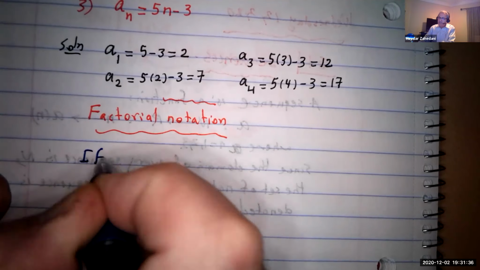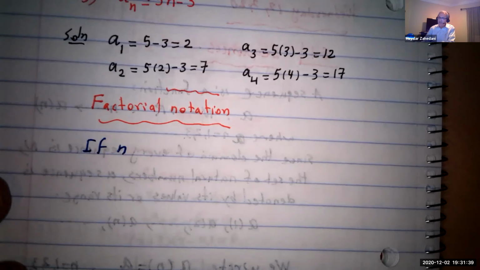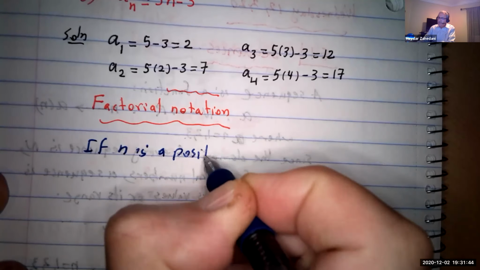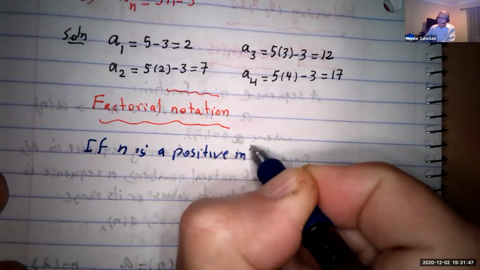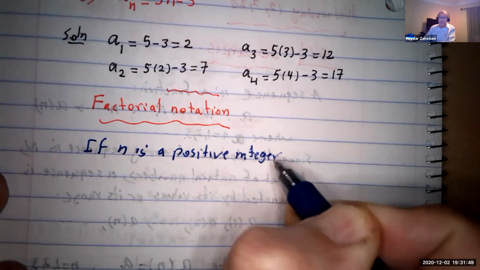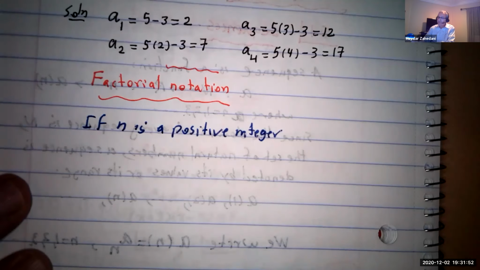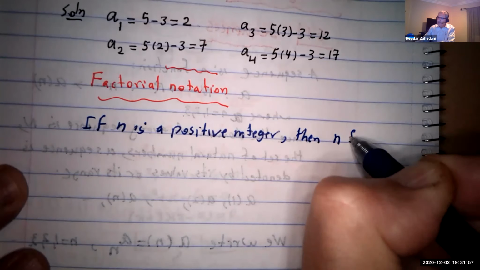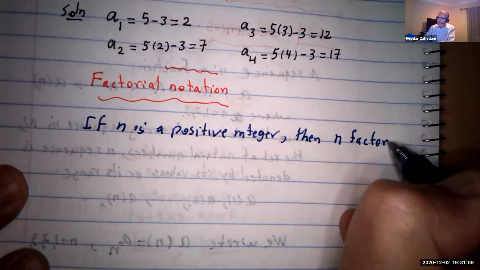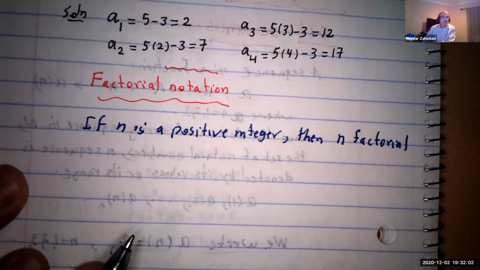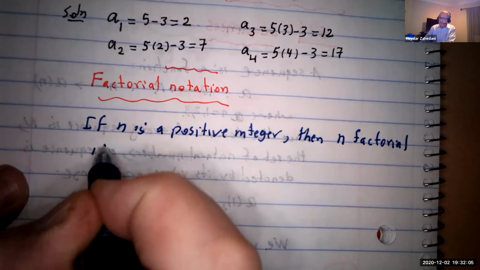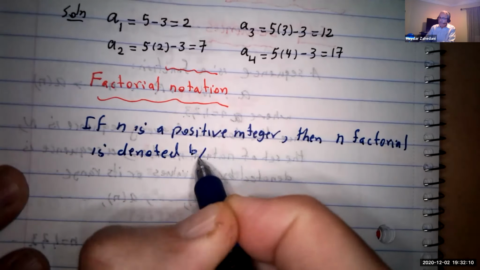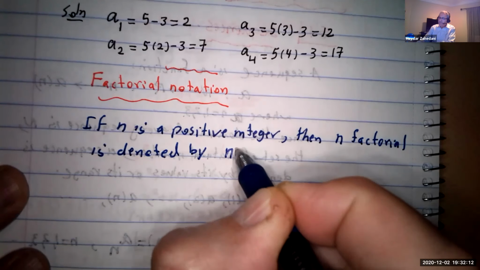If n is a positive integer, like 1, 2, 3, 4, 5, 6, then n factorial is denoted by this notation, n factorial.